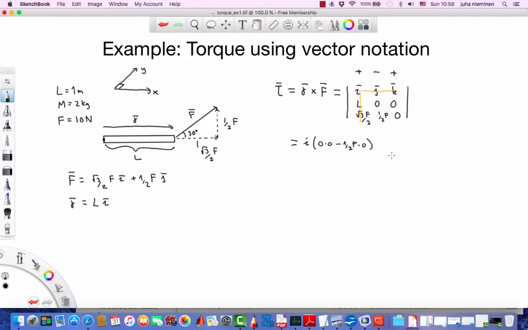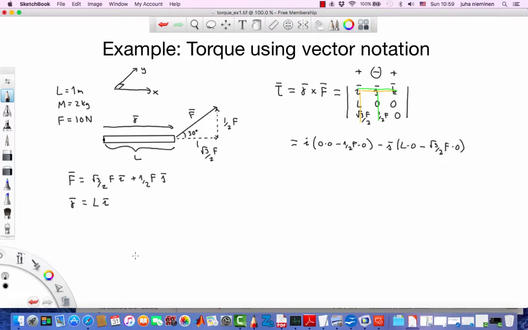What about the j direction? First of all, we have to use minus j. In this case, we block the j column and the top row again, and we calculate the diagonal product of the remainder, so L times 0 minus the other product, square root of 3 over 2 f here times 0 there.